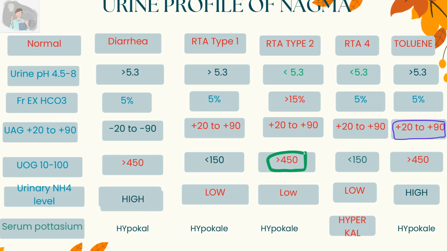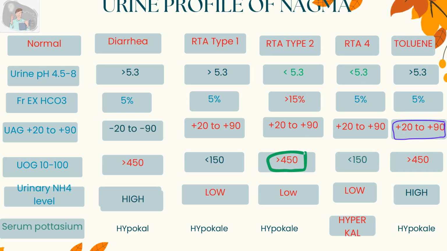The line above that is fractional excretion of bicarbonate. It's pretty straightforward if we understand the concept. So the fraction of excreted bicarbonate, or any molecule for that matter, what that means is you have a factor that's glomerularly filtered and being absorbed in the proximal convoluted tubule.